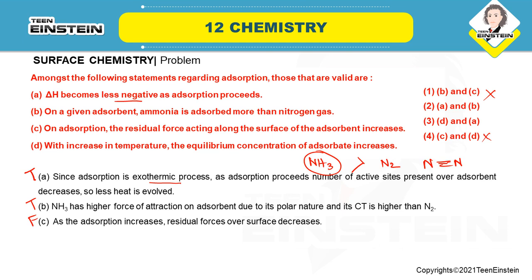And also in case of chemisorption, with increase in temperature, first it is increasing, but once the activation energy requirement is fulfilled, after that with increase in temperature the rate of the process will not increase. So this is for chemical adsorption.